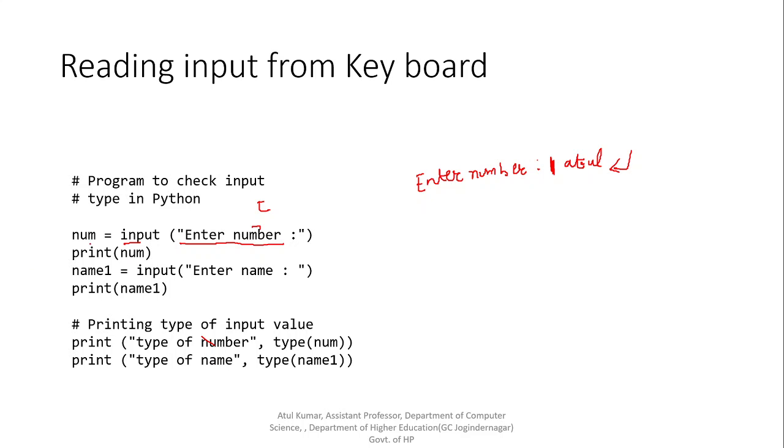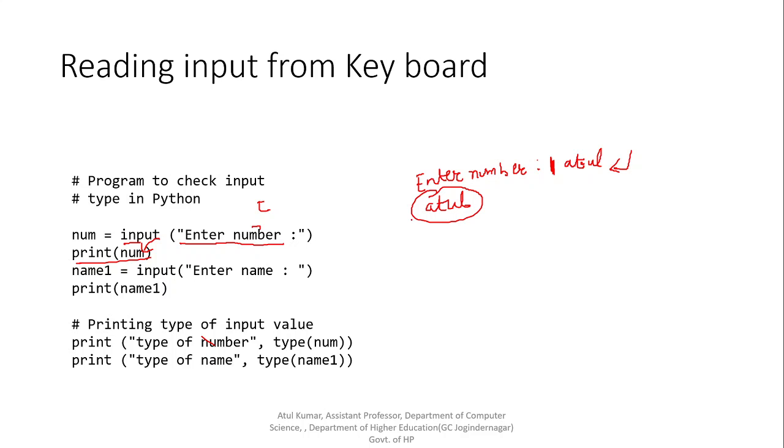Then in the next statement we have a print statement, and inside it num is passed. So whatever I typed from the keyboard is displayed on the screen, so Atul is displayed.